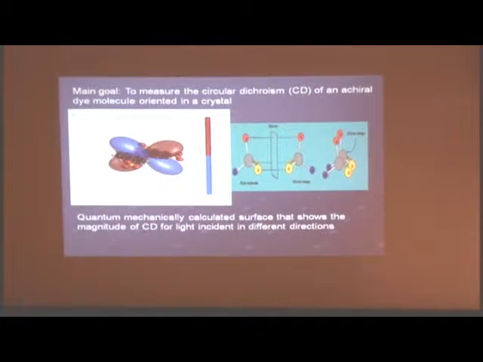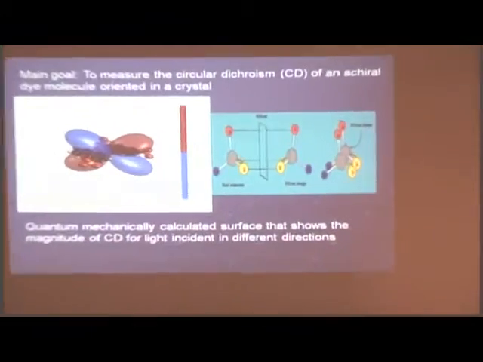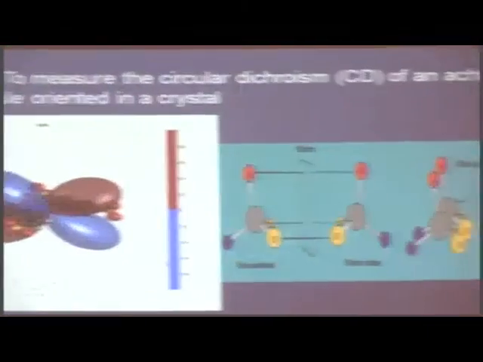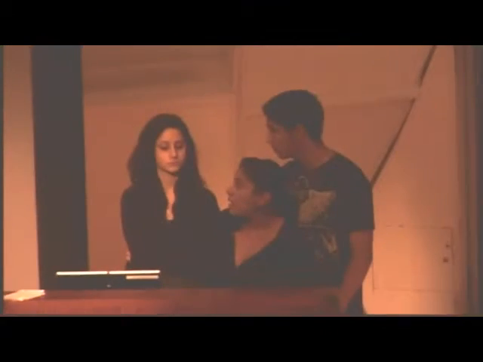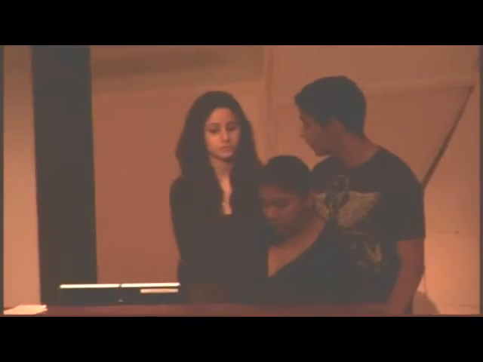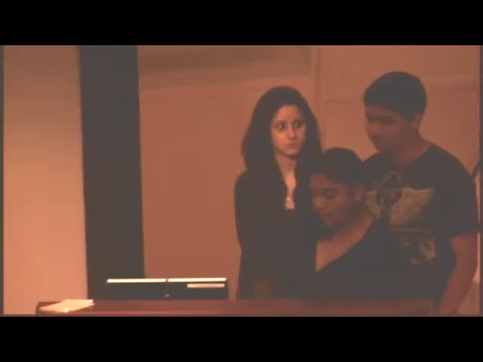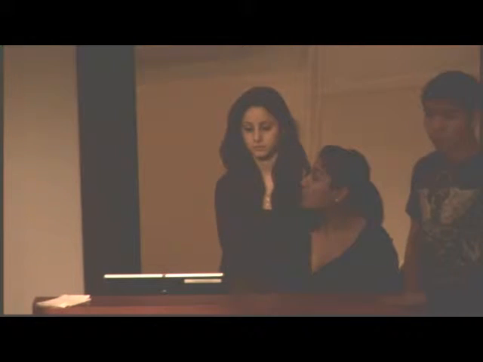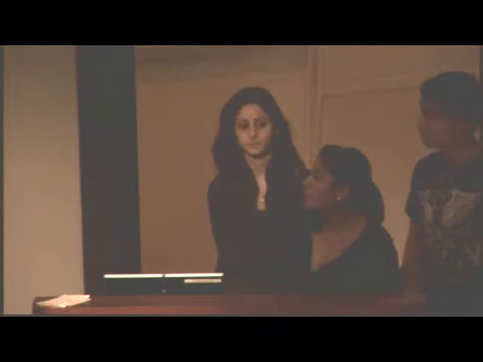Our main goal is to measure the circular dichroism of a chiral dye molecule in a crystal. And a chiral molecule is one that cannot be superimposed on its mirror image. As we can see in the image, the real molecule is shown with its mirror image.